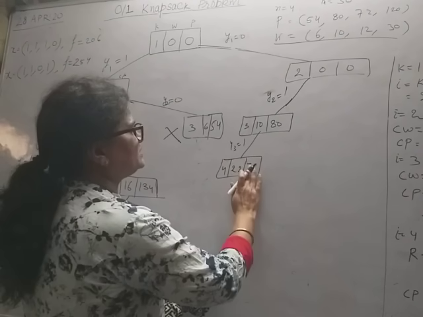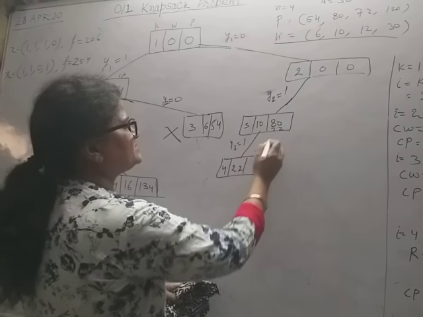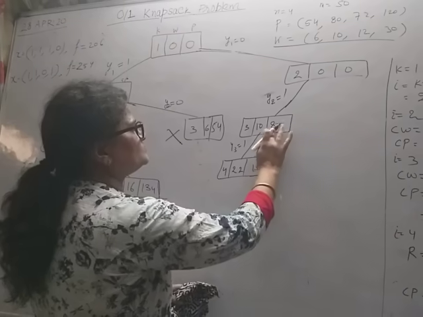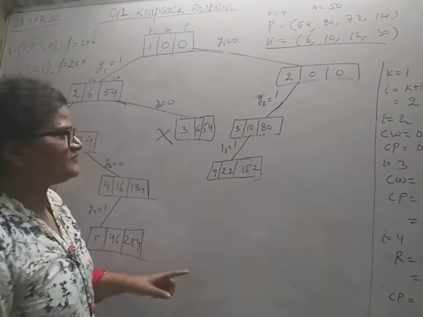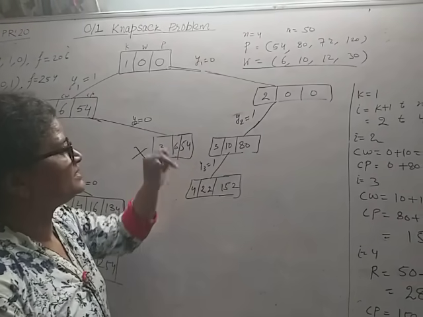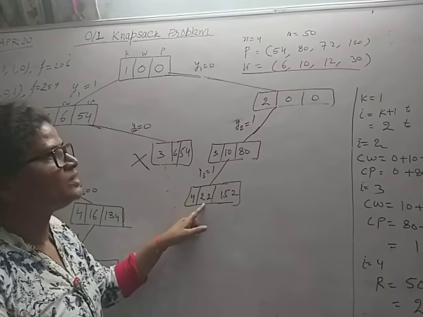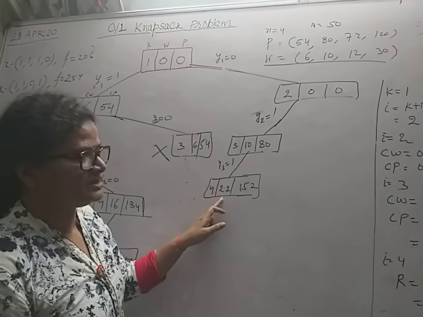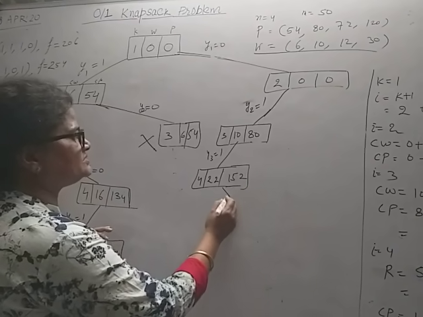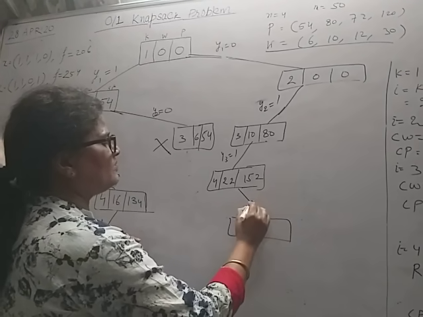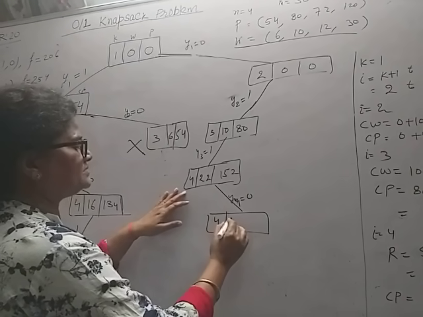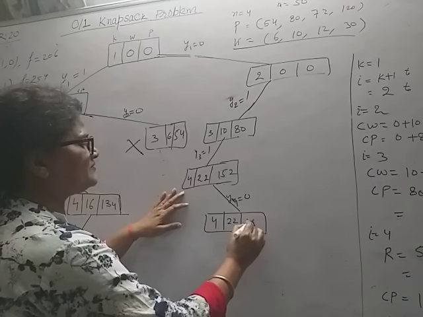Sorry, 80 plus 72 is 152. Now the fourth weight cannot be added because 22 and 30, 22 cannot be added into 30. So y4 equal to 0, and 4 and 22 and 152.